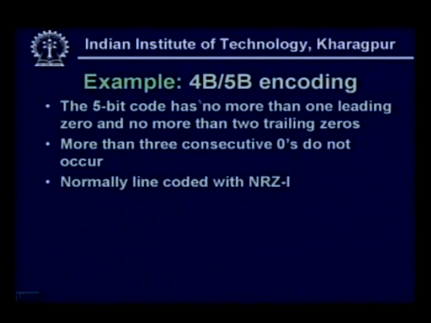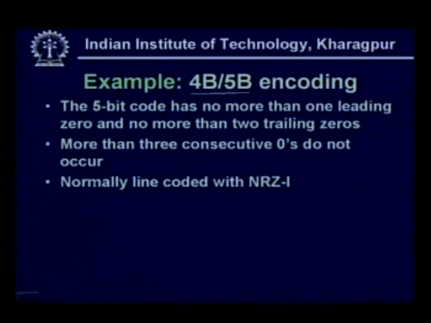As an example, as I already mentioned, 4B5B encoding. While doing the encoding, you see the encoding is done a little cleverly. The 5-bit code is done in such a way that it has no more than one leading 0 and no more than 2 trailing zeros. So, it is ensured that transitions are there, and more than 3 consecutive zeros do not occur.